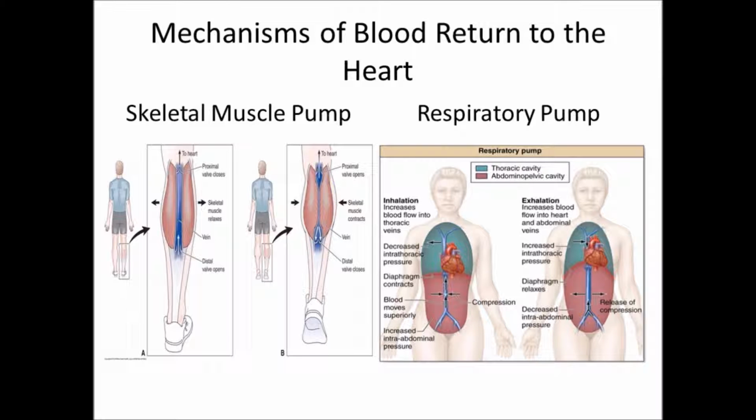And as we know, blood will move from an area of high pressure to an area of low pressure. So the higher pressure in the abdominal cavity forces blood into the lower pressure of the thoracic cavity and towards the heart. So in effect, the lower pressure in the chest cavity with each breath pulls the blood back towards the heart.